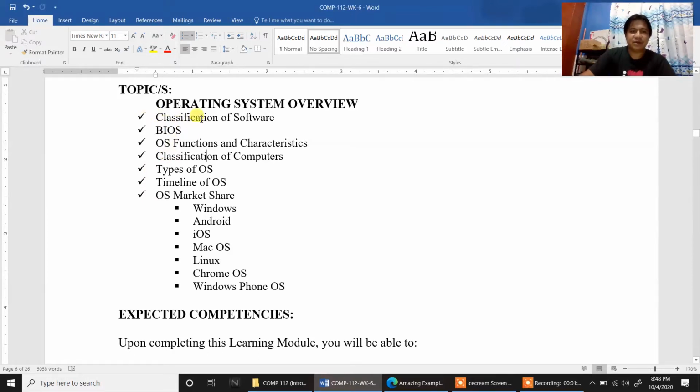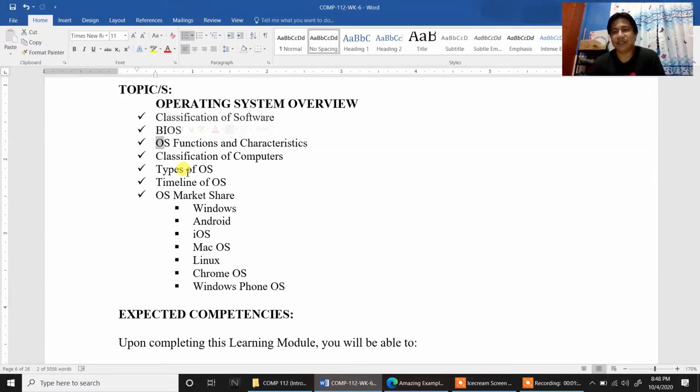First we have the classification of software, the BIOS, the OS functions and characteristics, classification of computers, the types of OS, the OS timeline, then a little bit of FYI for the OS market share.